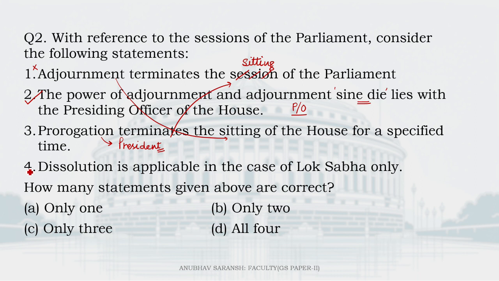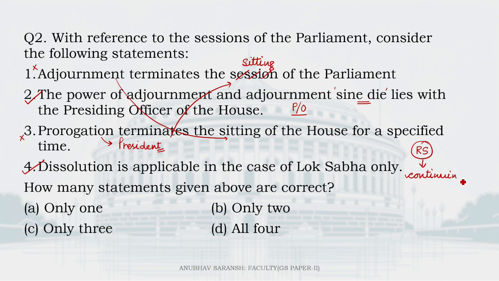Fourth one is absolutely correct. Why? 3 is wrong and 4 is correct. Why is 4 correct? Because dissolution takes place only for Lok Sabha. Rajya Sabha is not subject to dissolution. It is what we know as a continuing chamber, right?